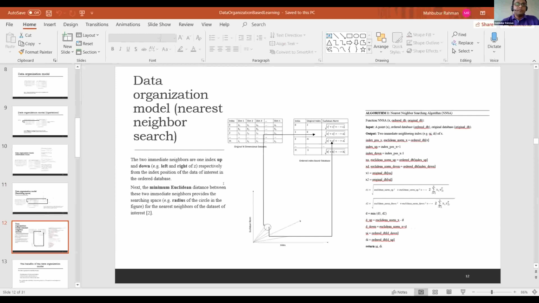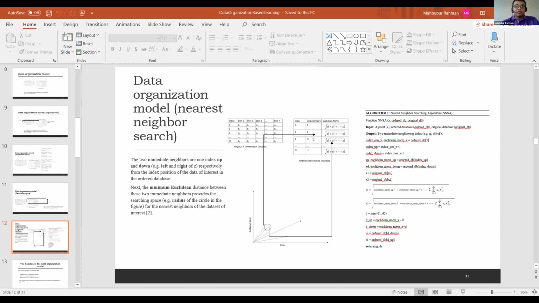In this slide I will explain the nearest neighbor search algorithm using this ordered index based database. So in the left section I have explained how we can find a nearest neighbor for a point of interest. The two immediate neighbors are one index up and down, that is left and right of z respectively in the figure, from the index position of the data of interest in the ordered database.